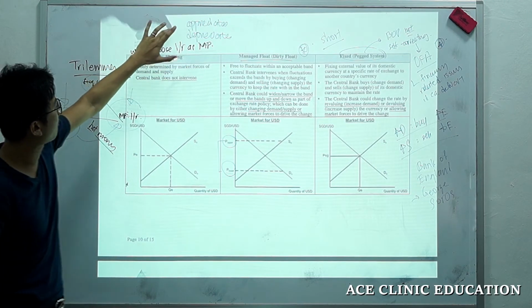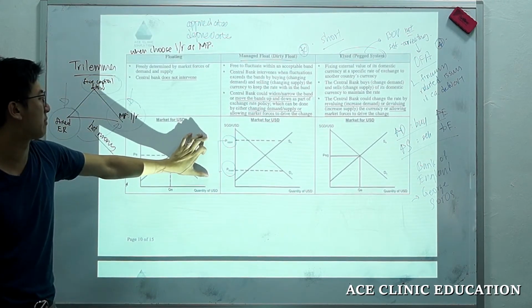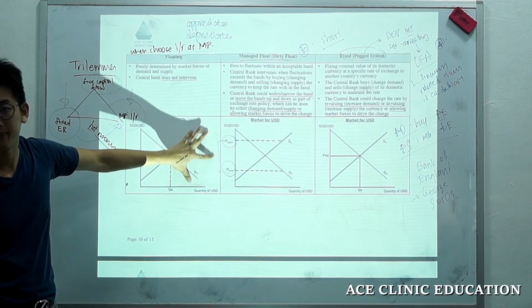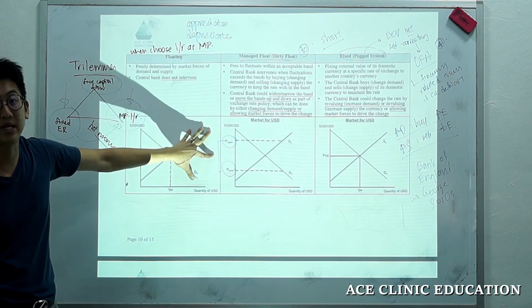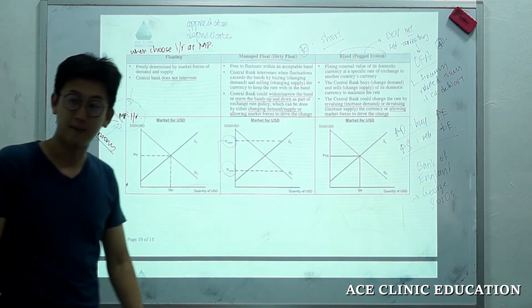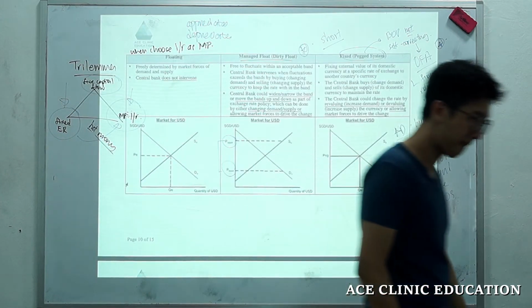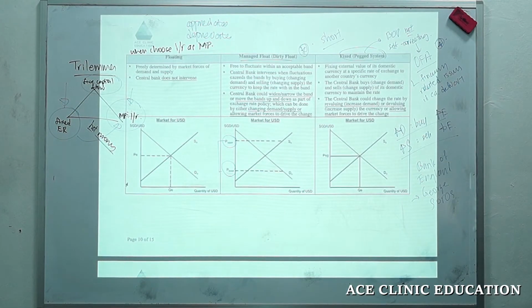But just for reference, how do we appreciate and depreciate? Very simple. We move the band up or down. We move the range that the central bank will intervene in. Now, the important thing you need to understand about moving the range is that it doesn't actually need the central bank to do anything.